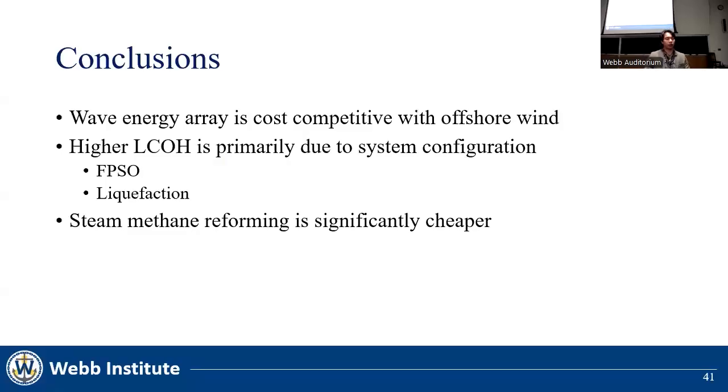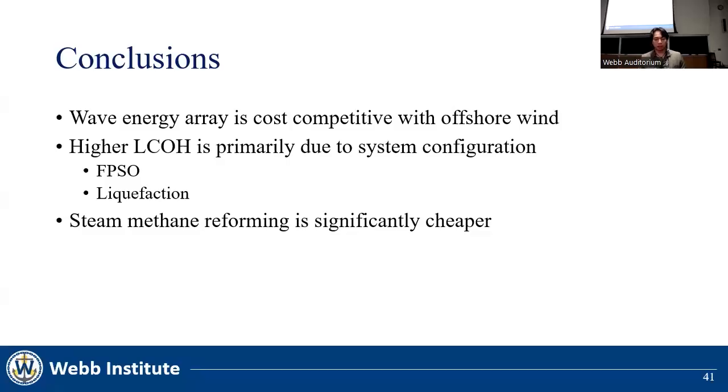In conclusion, it was found that the wave energy array, when it consists of wave overtopping devices such as the Wave Dragon, is cost competitive with offshore wind. However, the higher LCOH of this system compared to other hydrogen production systems is primarily due to its system configuration, as the use of an FPSO with onboard liquefaction significantly drives up costs as well as energy demands, which reduces overall system efficiency.